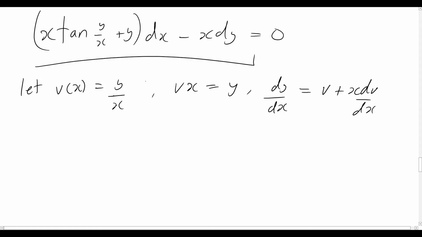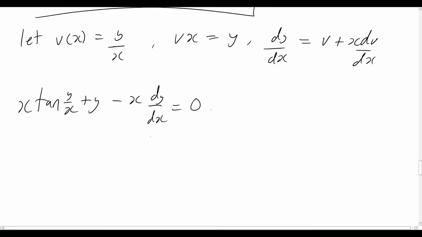First things first, I'm just going to divide by dx across our entire problem. So now we're left with x tan(y/x) plus y minus x dy/dx equals 0. At this stage we can make those substitutions. Anytime I see y over x, I'm going to put a v in. Anytime I see a y, I'll put vx.